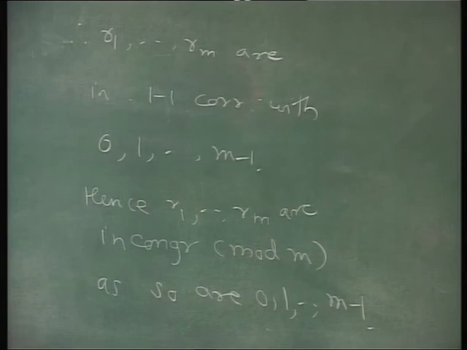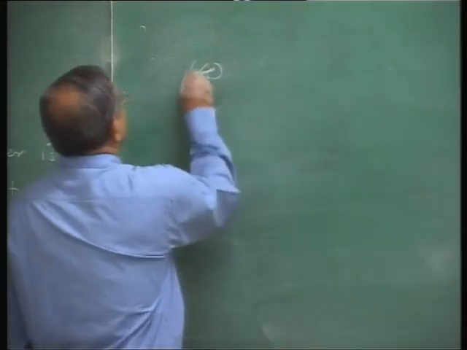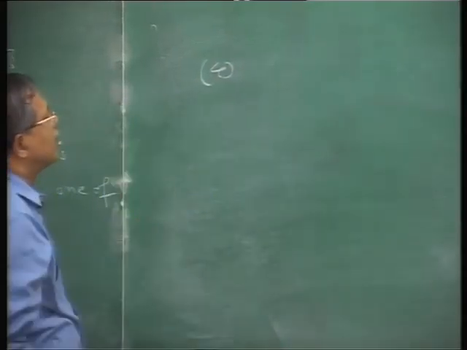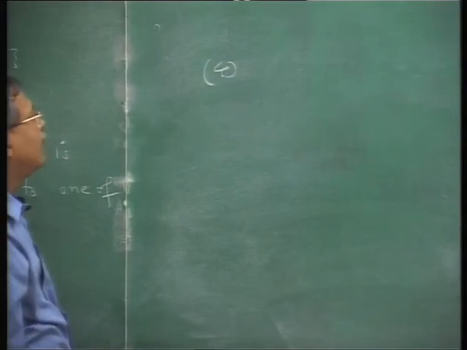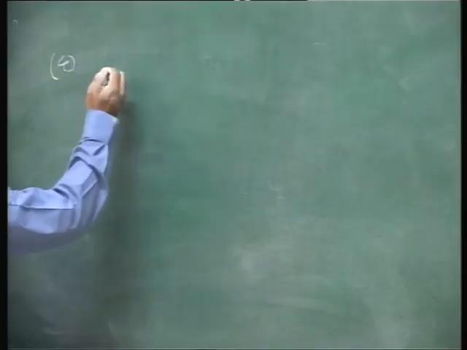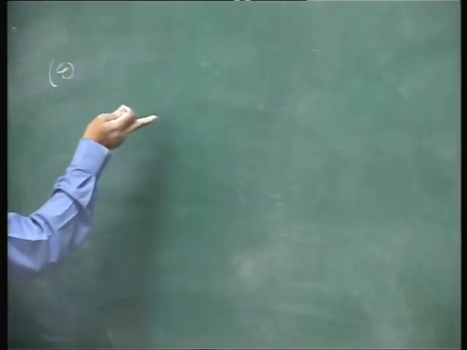So basically we are using that there is one complete residue system with us. From that we are getting this result. Similarly, we can prove the next property, that if we have m integers which are pairwise incongruent, then they will form a complete residue system.